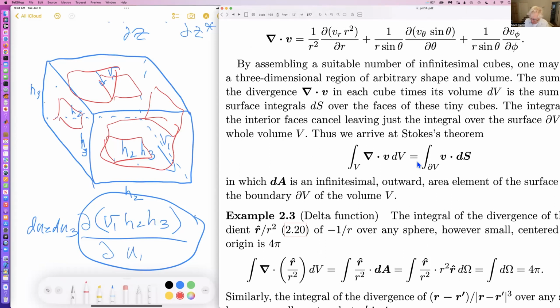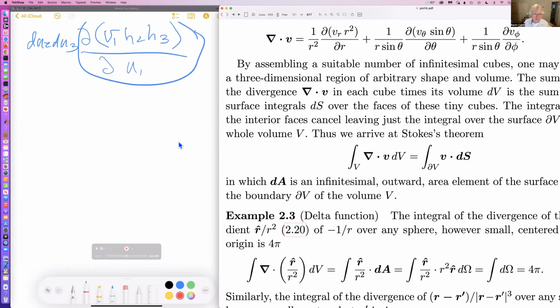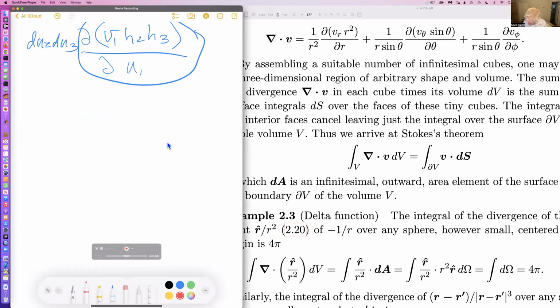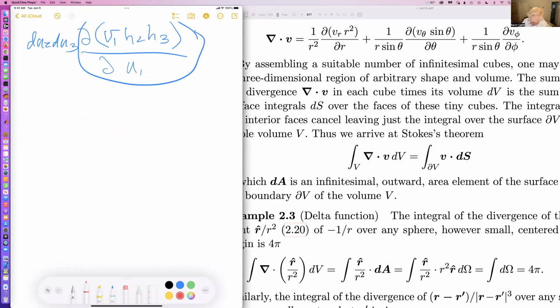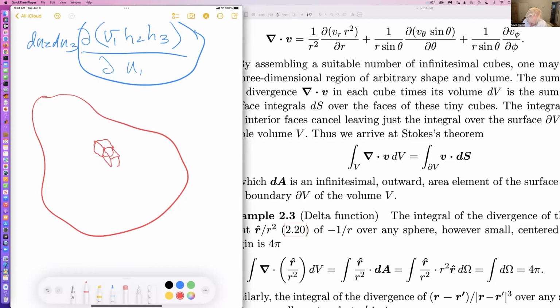And now, if you take a bunch of these cubes, you make up a given volume that looks sort of like this, by putting a lot of these cubes one next to the other until it looks somewhat like this.